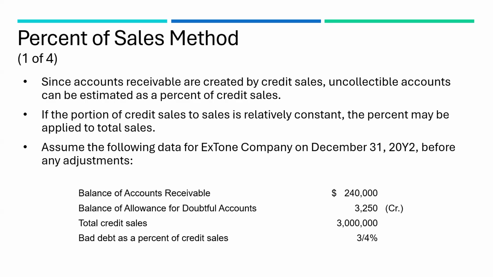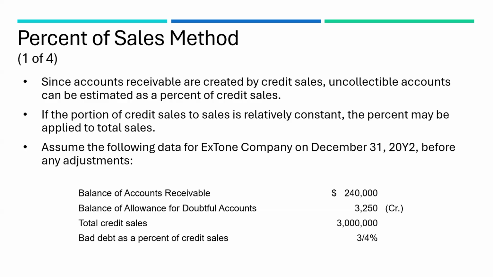The percent of sales method is relatively simple. We just have our total credit sales for the period of 3 million.